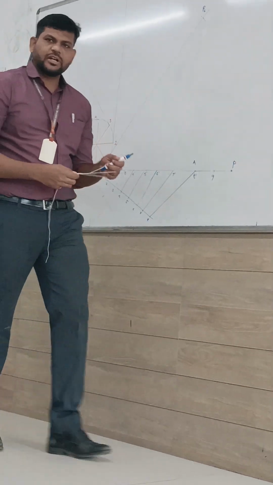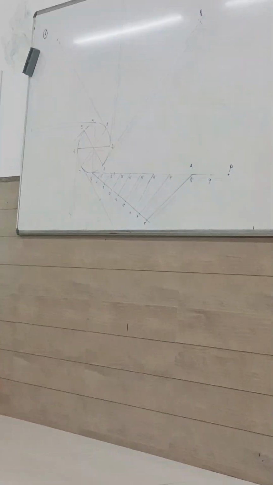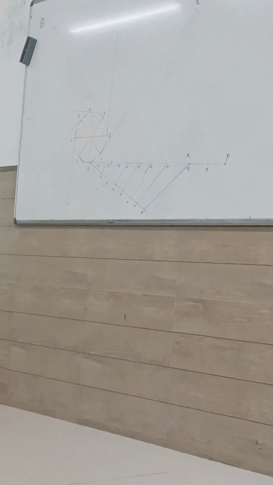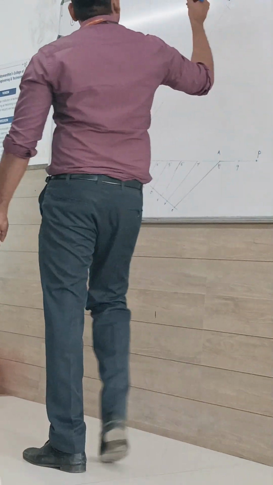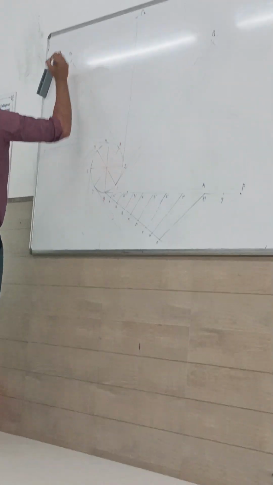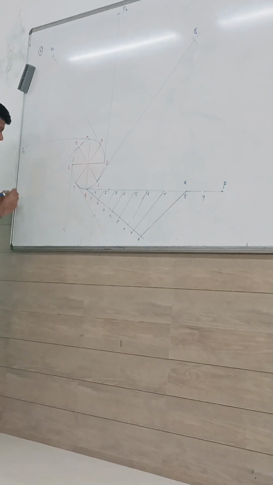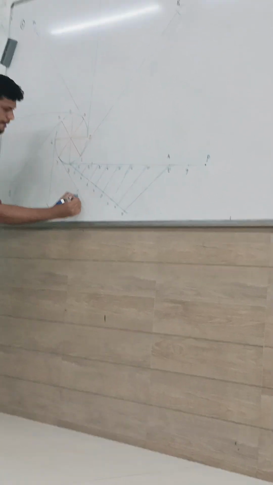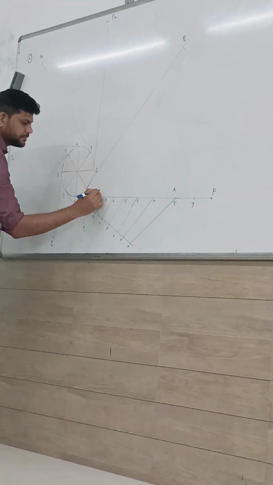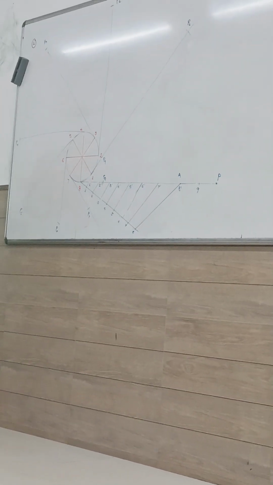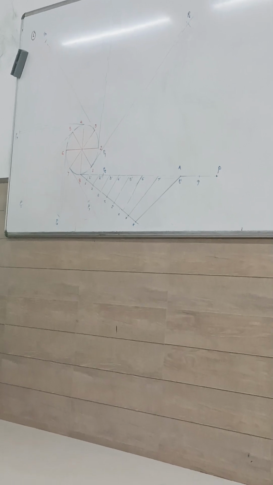After getting all those points, we'll name those points first and then draw the curve. For naming the points, this is my point P1, P2, P3, P9 and the last is point 10.